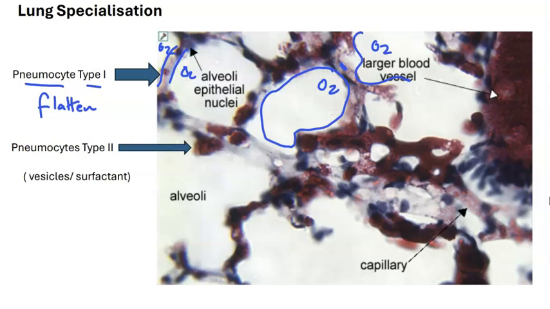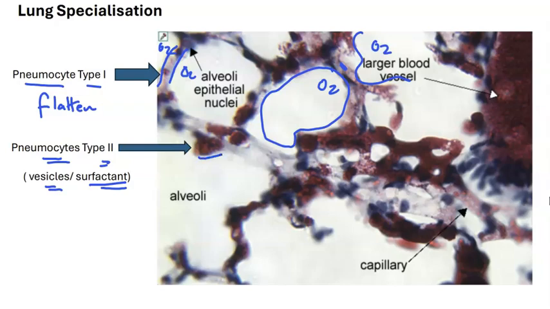Also within these lung tissues, there's a second type of alveoli cell called a pneumocyte type 2. And what they do is that they produce these vesicles which contain surfactants, and the surfactants prevent the collapse of the lung tissue due to hydrogen bonding when we exhale.